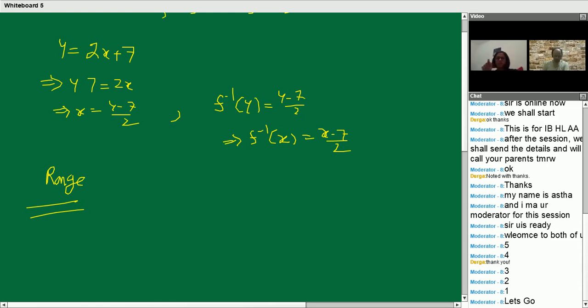Y, or f inverse x, belongs to any real number, like the R. The range would be any real number R. Or in interval notation, how can we represent this? Like negative infinity to infinity in curved brackets.